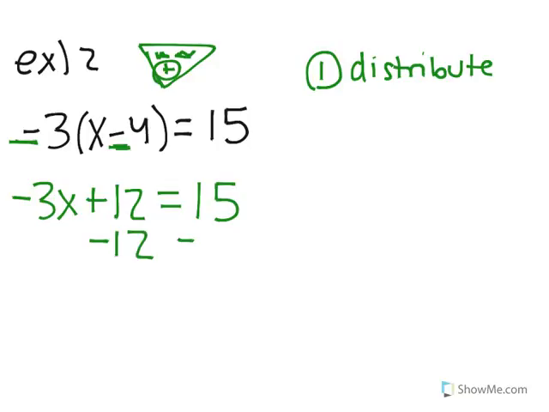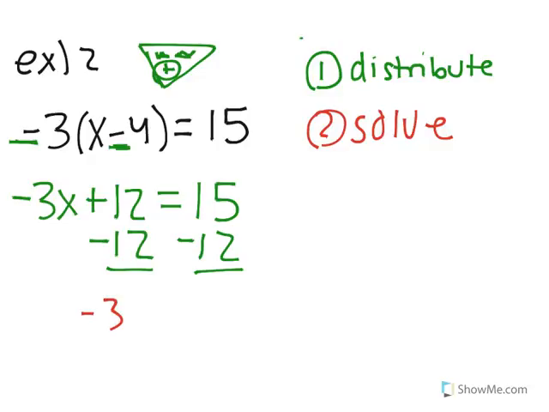Negative 12, so we solve for x. We're going to do our solve step. Should have done this in another color. So negative 3x is equal to 3. X is equal to negative 1.